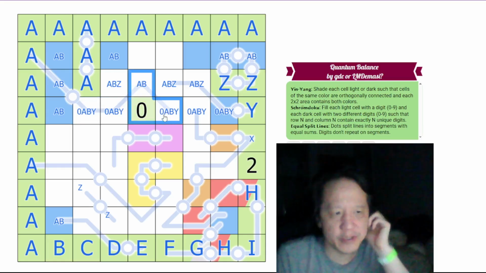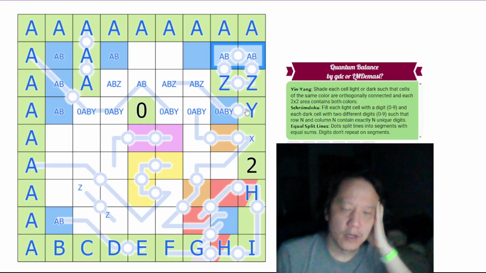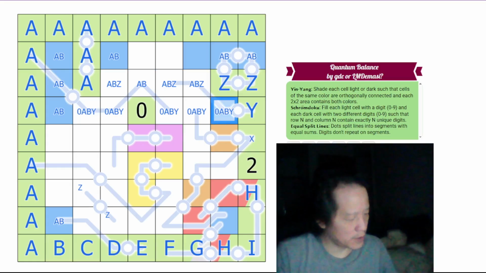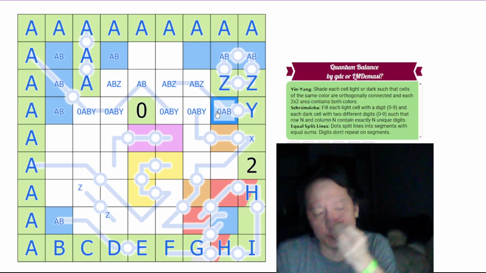Ooh, depends how big 2 is. But Y can only be... Okay, so Z would be the sum of A and B. None of these could be 0. So this can't be Y here. This is blue. So it could be 0 and A or something along those lines.